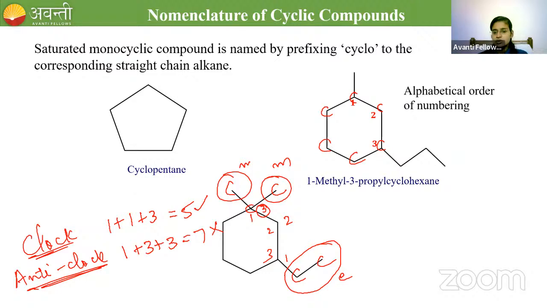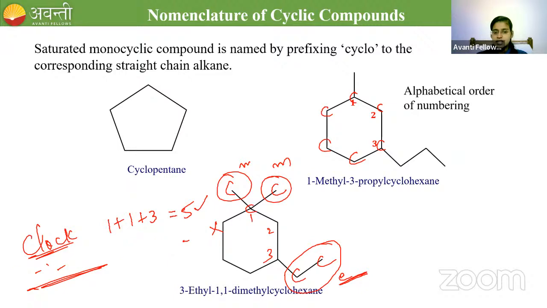So then what you have to do? Then you have to name the compound with the alphabetical order. Obviously E will come first in the alphabetical order. So it is 3-ethyl. Let me erase the anti-clockwise numbering to avoid the confusion. So it is 3-ethyl, 1,1 dimethyl cyclohexane.